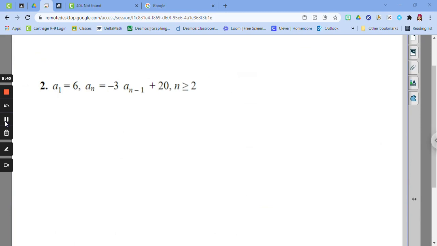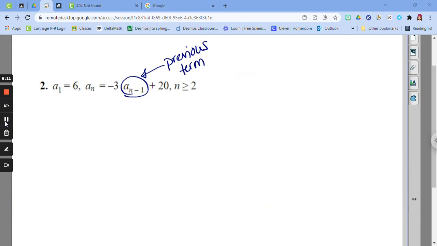So this right here, we're going to use the previous term to get this information. So if we keep that in mind, honestly, I wouldn't worry about doing the a sub 2 minus 1, any of that mess, because you know you're using the previous one to get to the next.